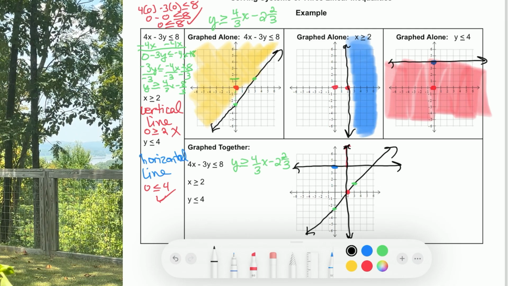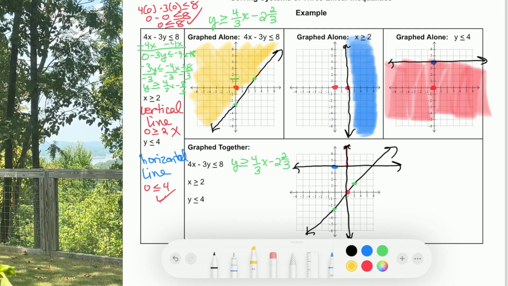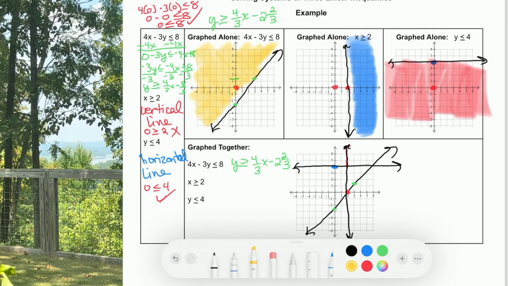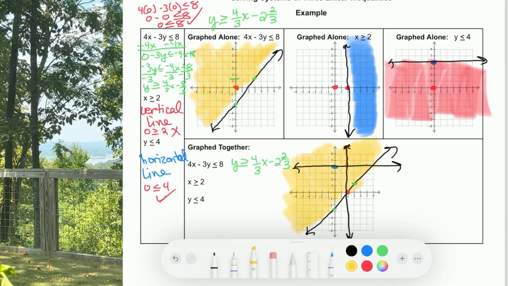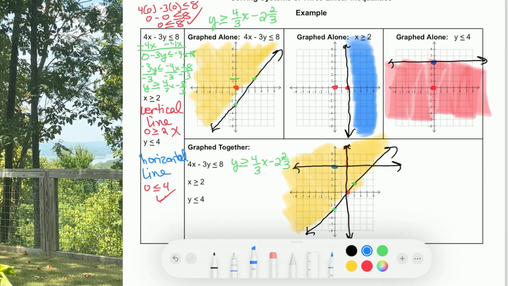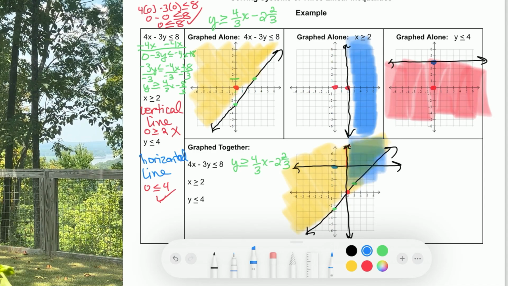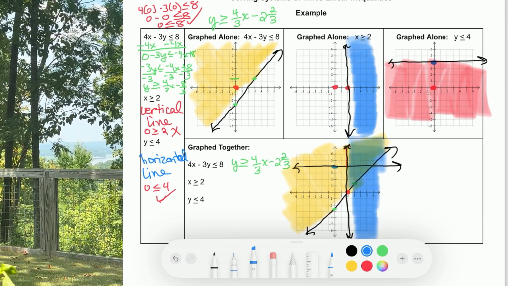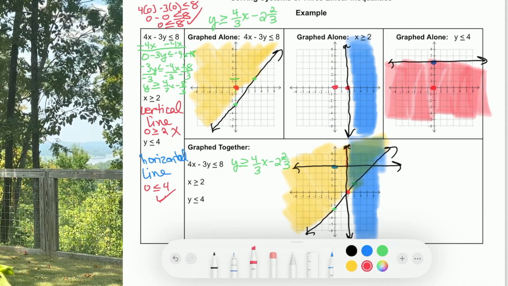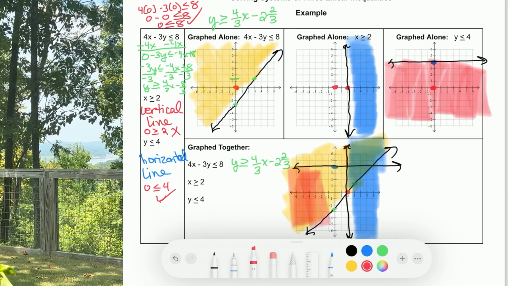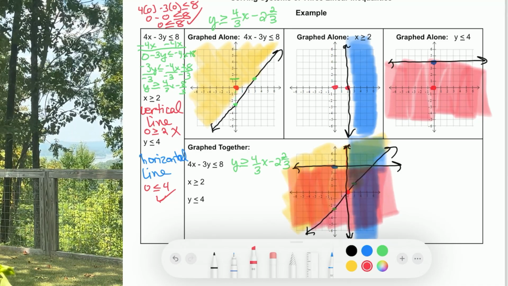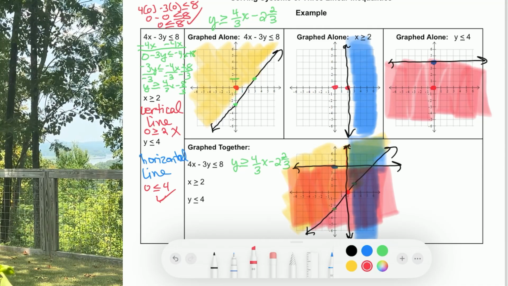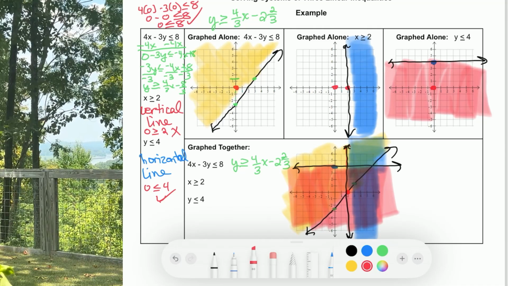All right, so let's fill in our shadings so we can see where they overlap. Our first shading was here. Our second shading was here. And our third shading was here. All right, so the only place that all three overlap, let's talk through that.